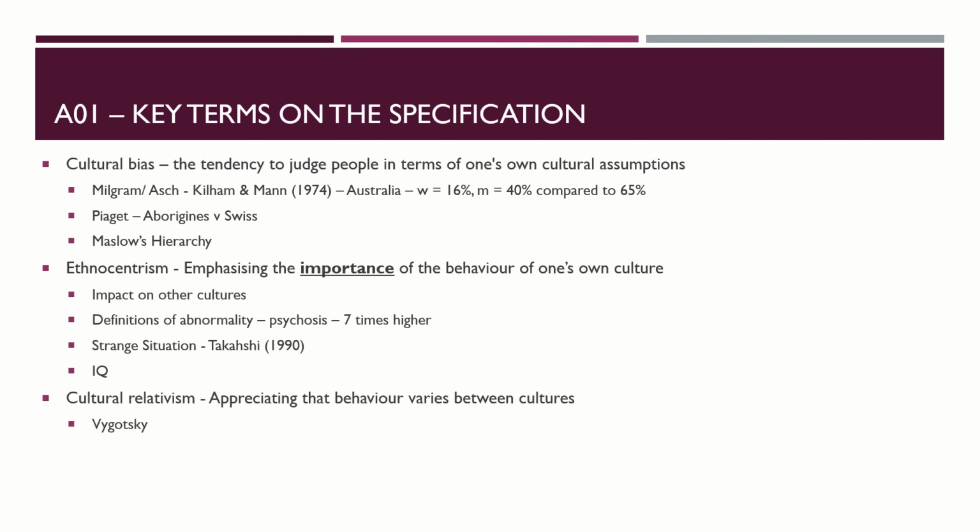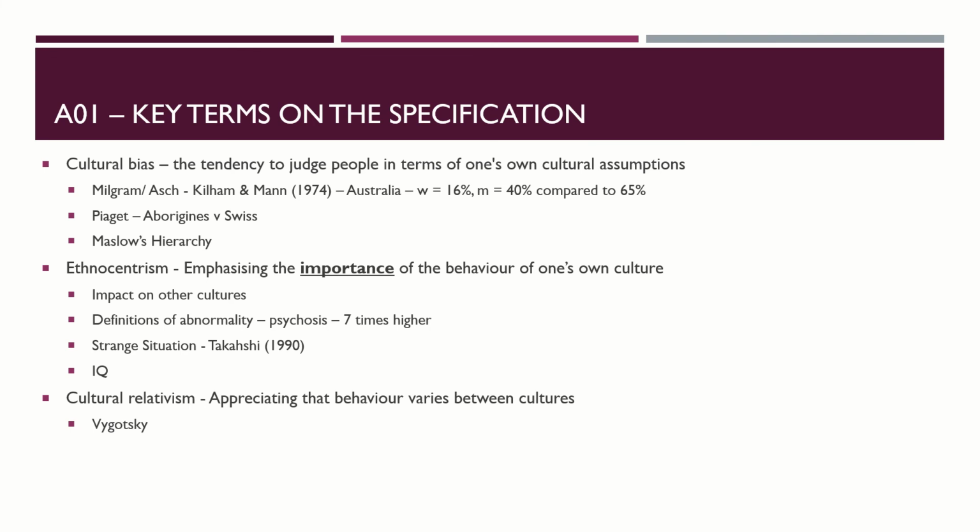So really what we should be aiming for is cultural relativism, and that's the idea of appreciating that behaviour varies between cultures. So we understand that behaviours are all relative to the culture that we are observing them in. And Vygotsky, if we're drawing comparisons, so we had Piaget, who said he had universal rigid stages, which was found not to be the case.